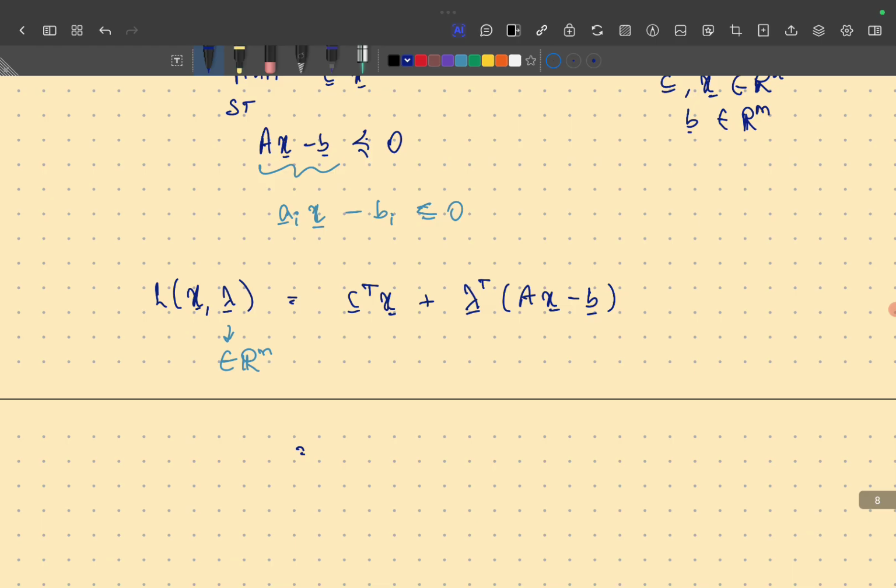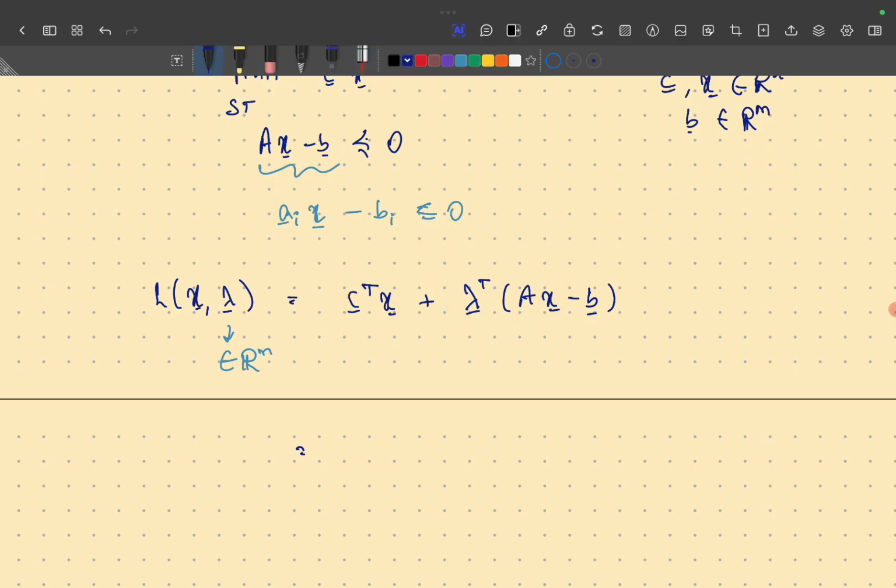Again, let me bring all of the terms that involve X together. The terms involving X are the C transpose X and this, right?